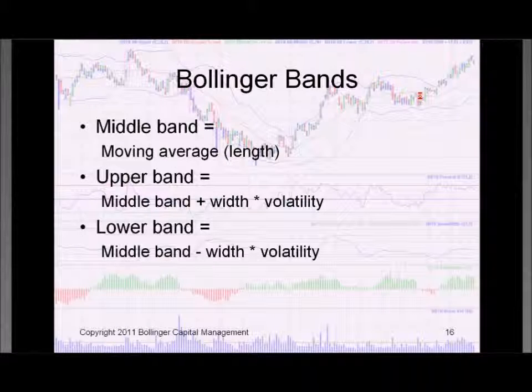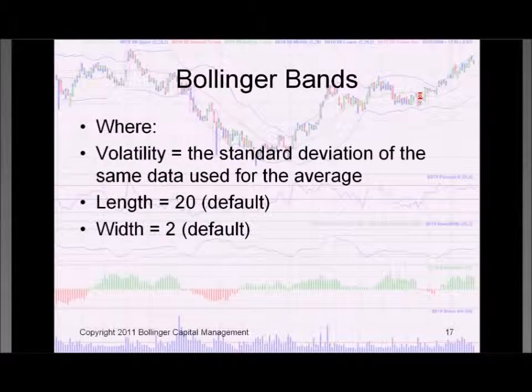We'll talk about that again in just a moment, times a quantity called volatility, which is simply the standard deviation of the same data that was used in the moving average. The lower band is going to be the middle band minus that variable width again times that same measure of volatility, standard deviation. So in this way we create a middle band, a band above, and a band below.